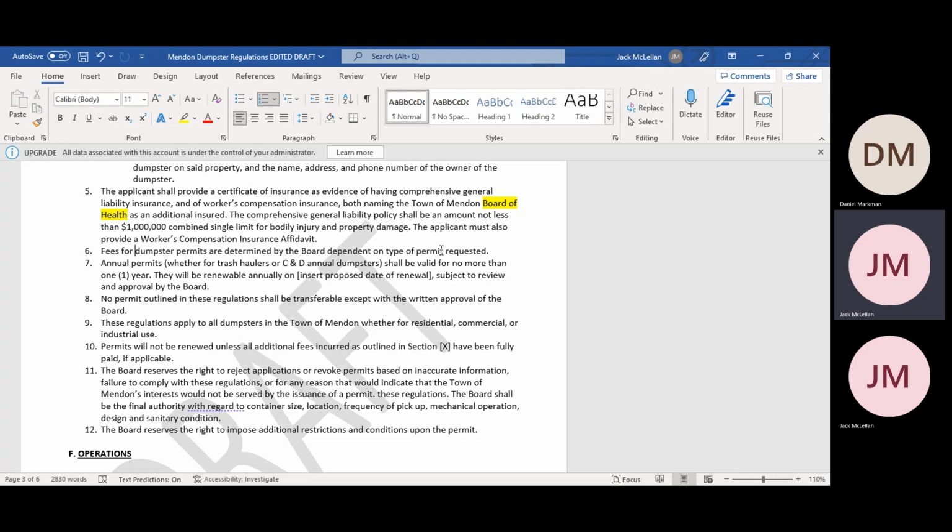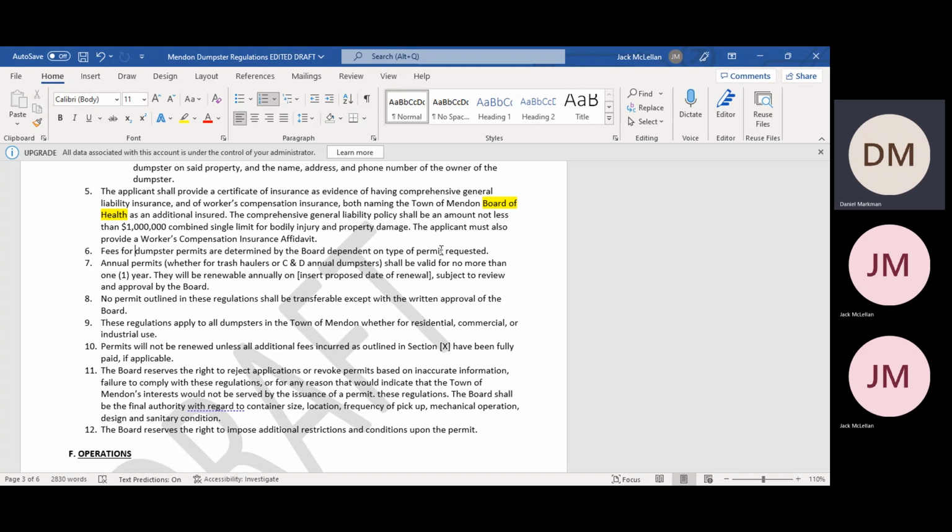But is there a time limit on, say, C&D dumpsters? At present, no. The purpose of this regulation, as it's written now, is extrapolating from Mendon's existing model, using Northbridge as the kind of skeleton.